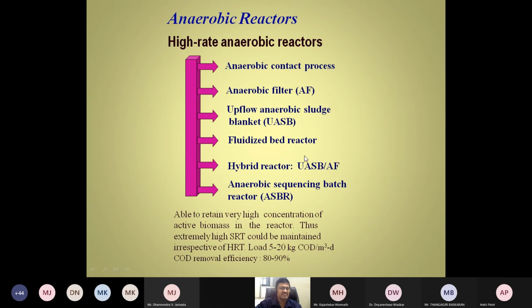What is the BOD of our sewage, the domestic wastewater generated from our houses? That is around 300 to 400 milligram per liter.